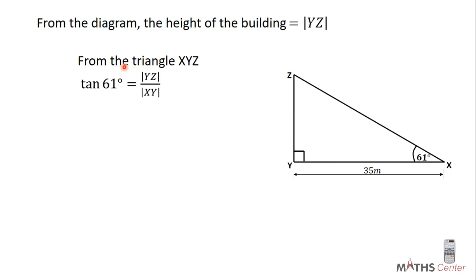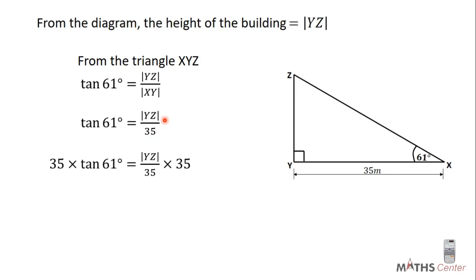From triangle XYZ, tan 61 degrees is equal to opposite, which is YZ, divided by adjacent, which is XY. We know XY from the diagram to be 35 meters. So tan 61 degrees is equal to YZ divided by XY, which is 35 meters.